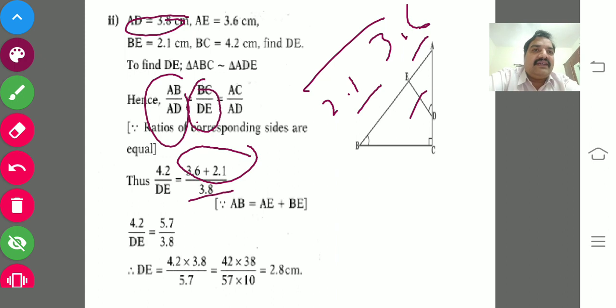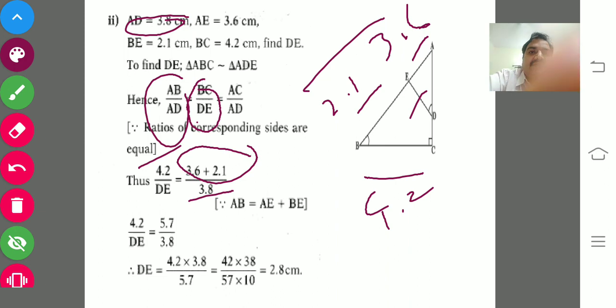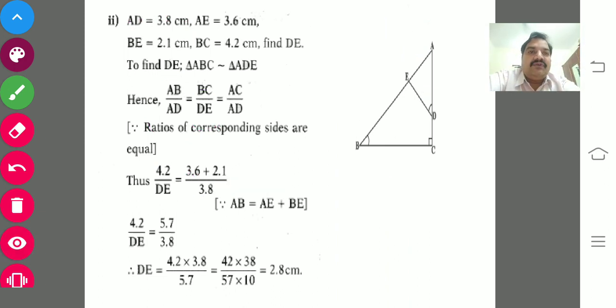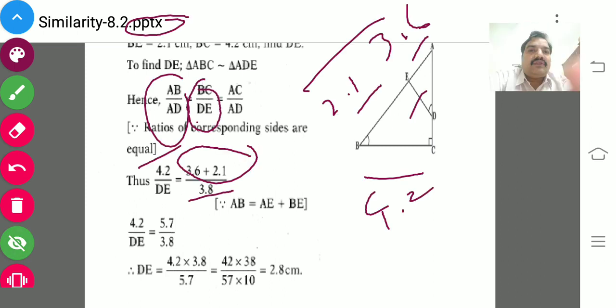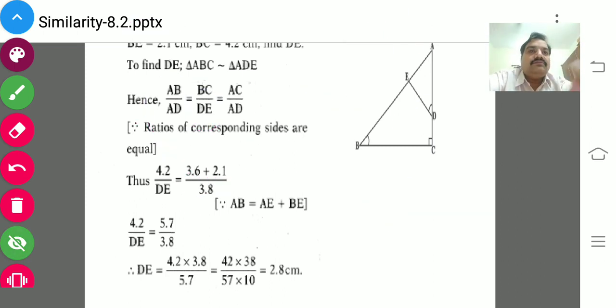Now check the BC value. BC is given as 4.2. Write 4.2 here. Now your destination is to find the unknown value DE. So 4.2 by DE. If you add 3.6 plus 2.1, you get 5.7. Now do cross multiplication.